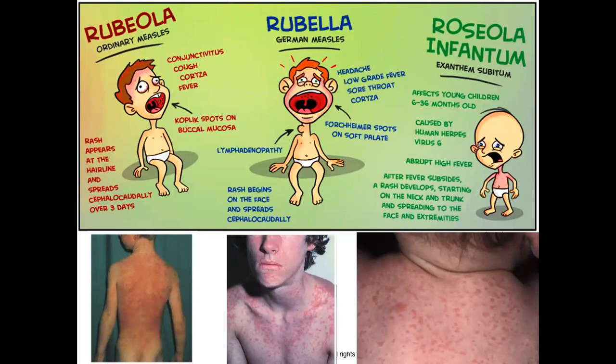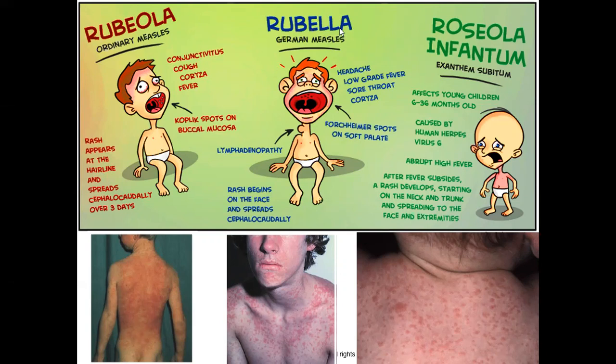The key symptom is Koplik spots on the buccal mucosa, tiny white spots in the mouth, and the rubeola rash starts from the face and spreads down. The rash appears at the hairline and spreads cephalocaudally, from head to toe, over 3 days. It is characteristic of rubeola.